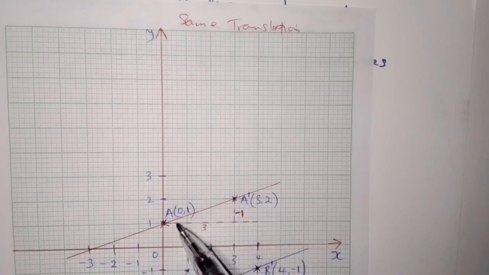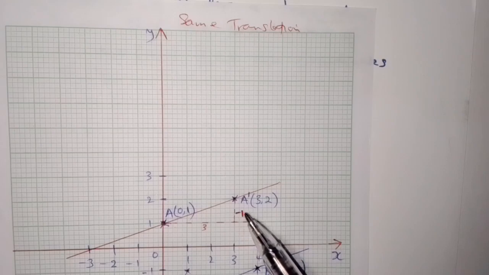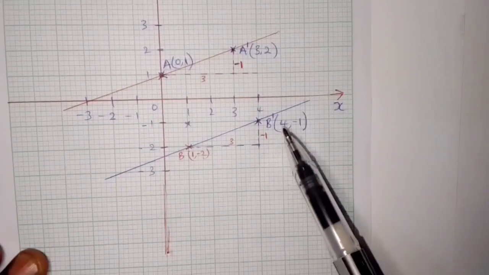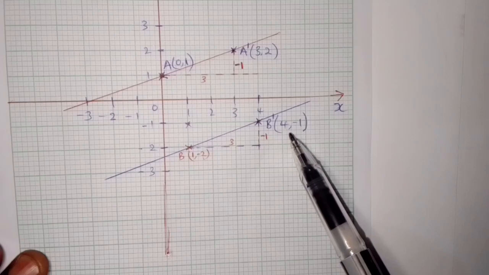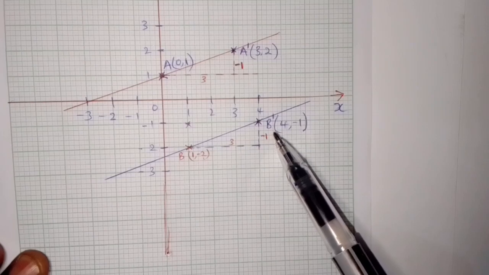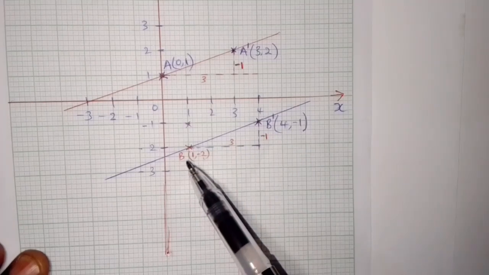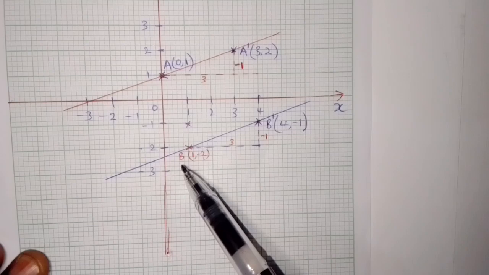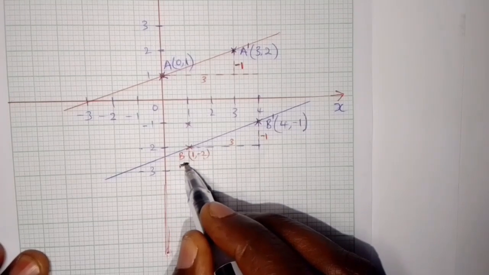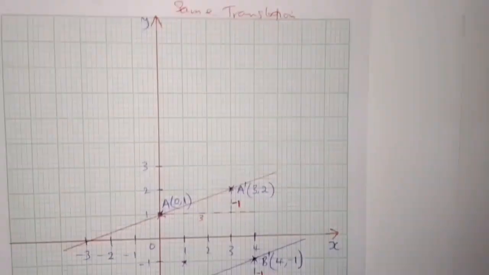So point A (0, 1) is translated to point A prime (3, 2), and point B prime also here has been translated. So we need to get the other point, the point B. We want to get the coordinate of B. The coordinate of B we have not been given. So we want to find the coordinate of B.